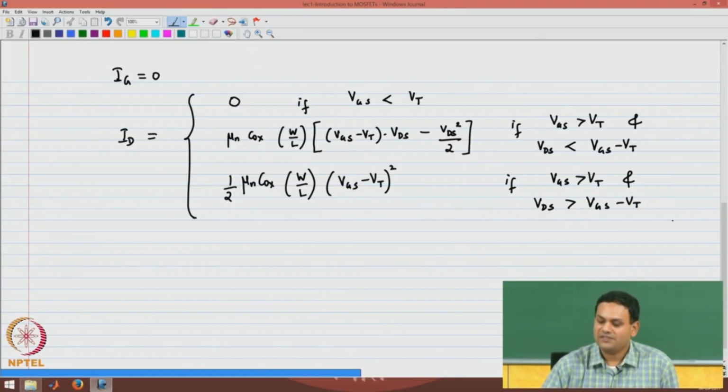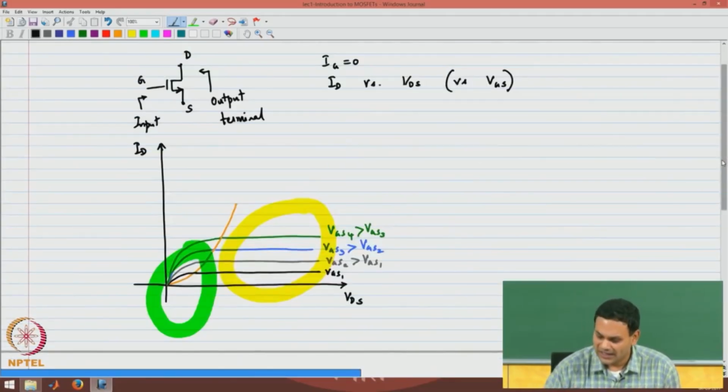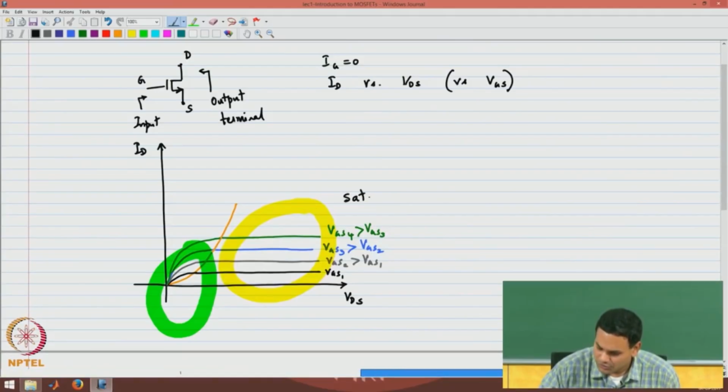So, clearly if the drain source voltage is larger than the difference between the gate source voltage and the threshold voltage, the drain current is a function of the gate source voltage only, and we are going to use the MOSFET as an amplifier in the third region. This region is called the saturation region of the MOSFET. So, I will show that here.